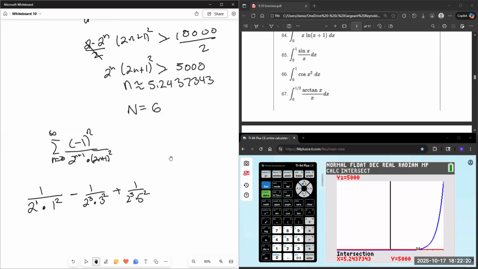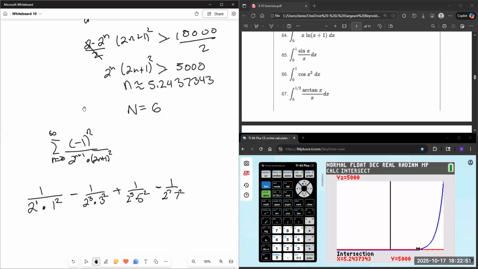And remember, I'm only worried about the first 6 powers here. So minus 1 over 2 to the seventh times 7 to the second. That's going to be sufficient.